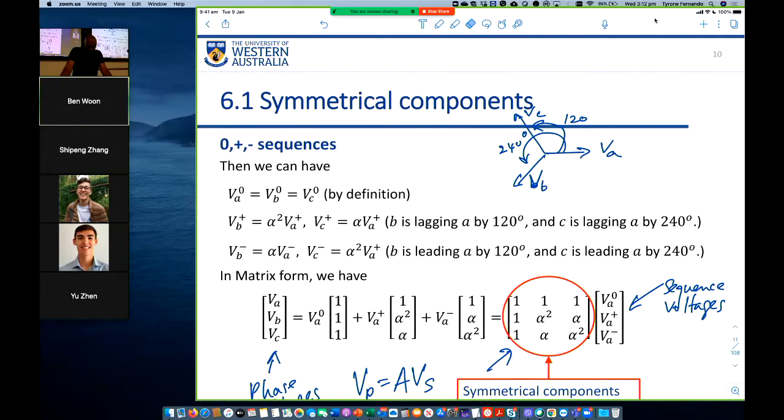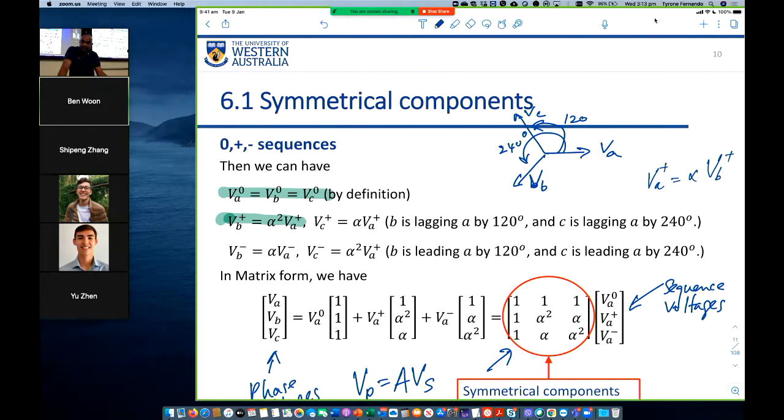All right, so by definition, all these zero sequence voltages are the same, right? So we can write this expression. What did we write before? We said VA plus must equal alpha times VB plus, right?